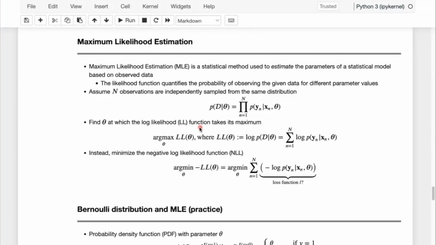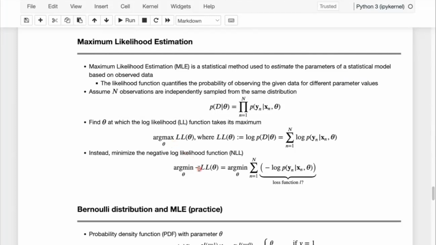Then the other thing that we have to consider for machine learning problems is that we usually like to think about a loss function or cost function as a function that measures disagreement and something that we want to minimize. So the next step is to convert this maximization problem in MLE to a minimization problem. And that's also very simple.